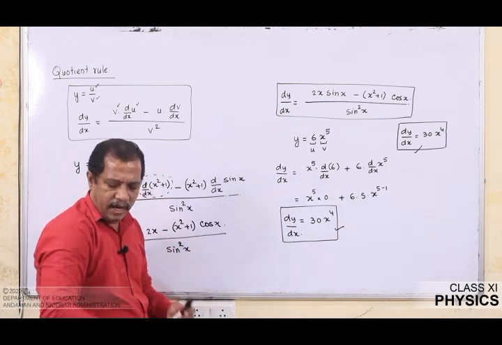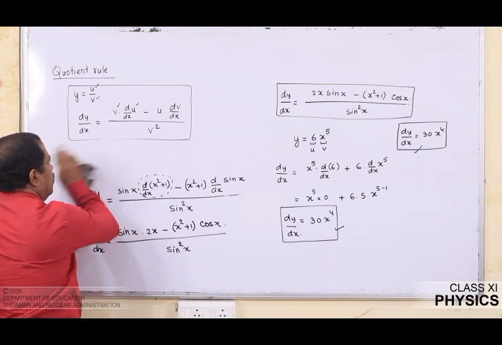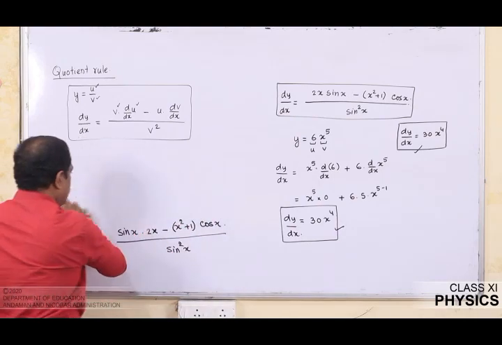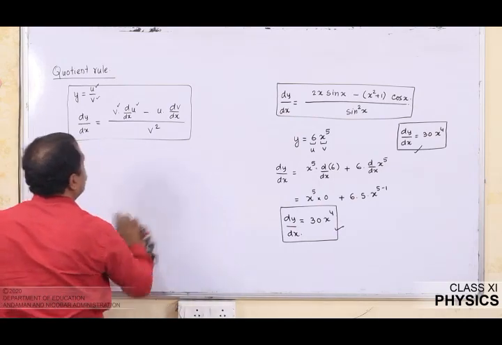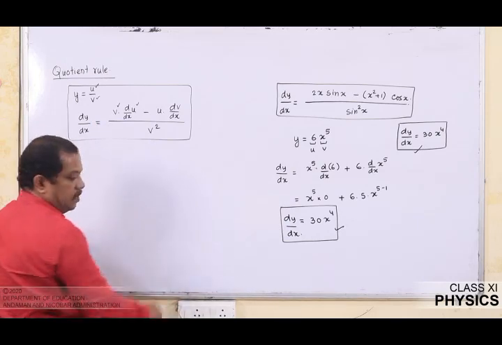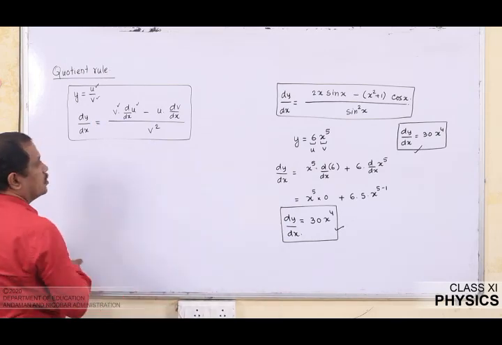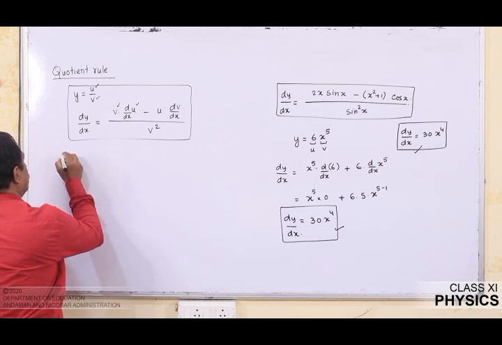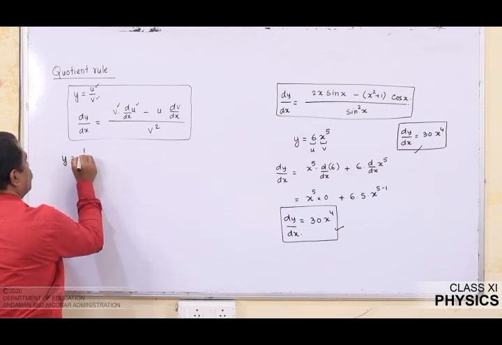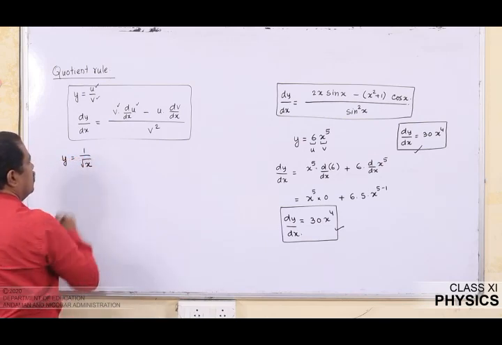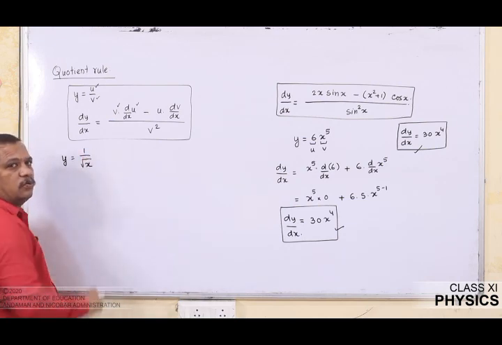Similarly, we may have another question. Just now we saw the formula for the quotient and we solved a problem. If you remember, y is equal to 1 over root x. So, now this function is also in quotient form.